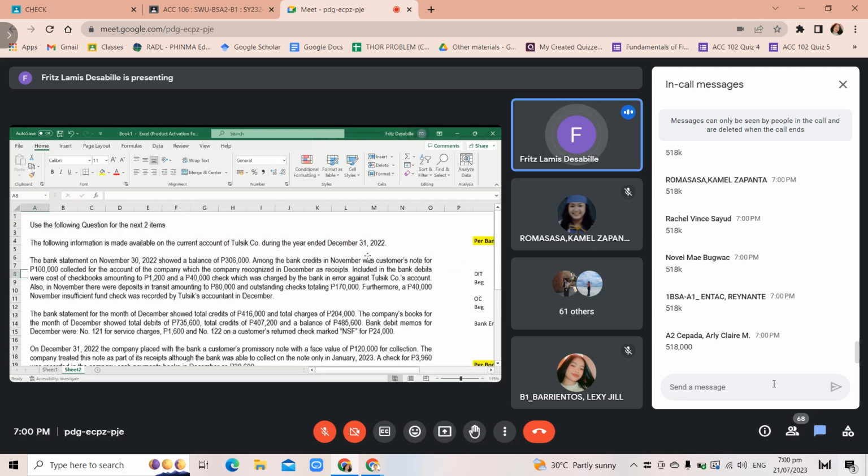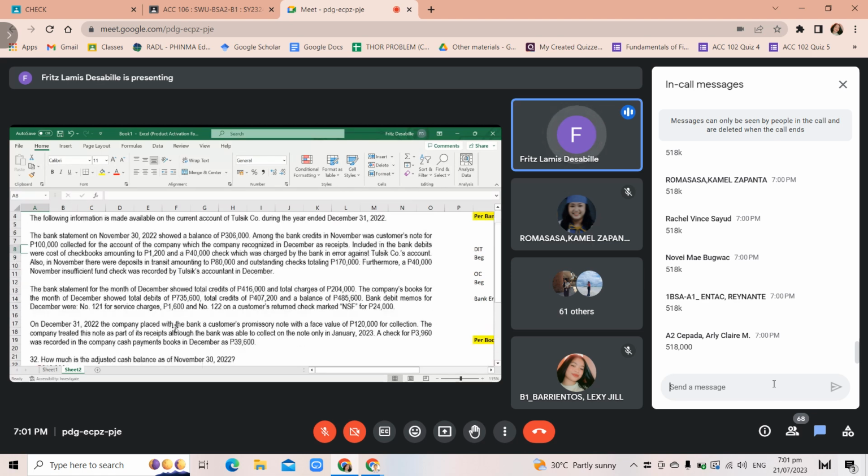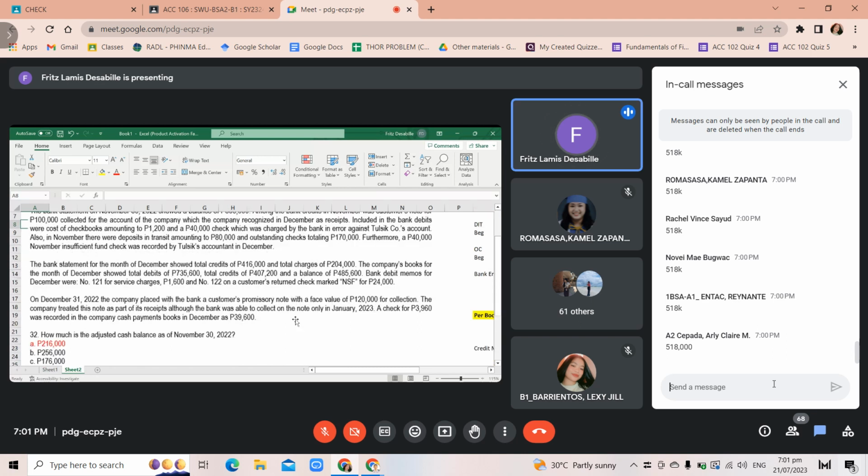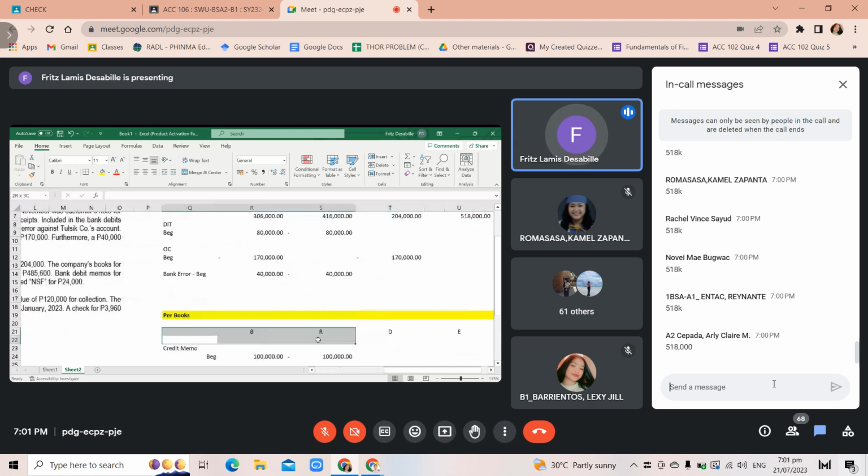Okay, to continue. The company's books for the month showed total debits. Mag-ingon tag books. Debit sa books are receipts and credit sa books are disbursement. Ending balance is 485,600. But wala tayo beginning balance.